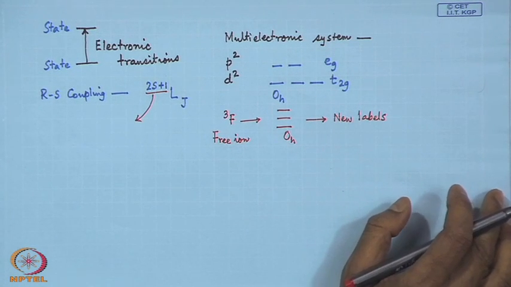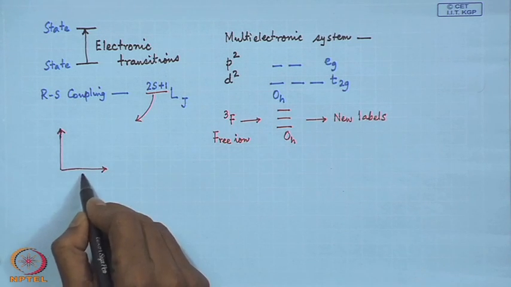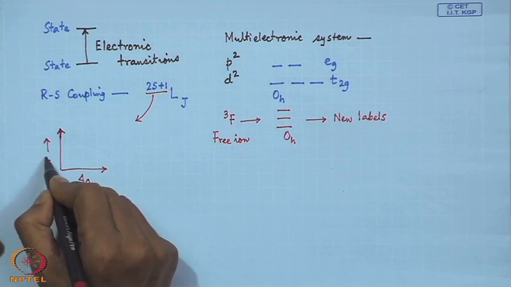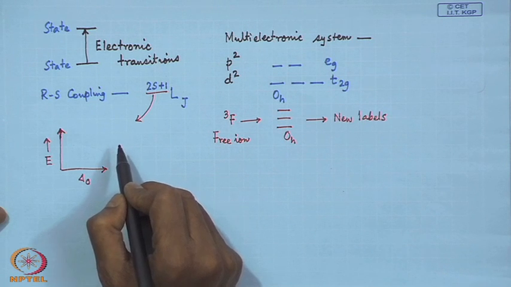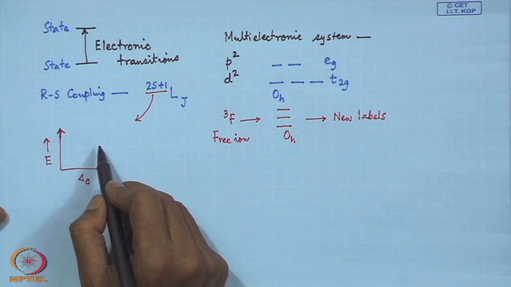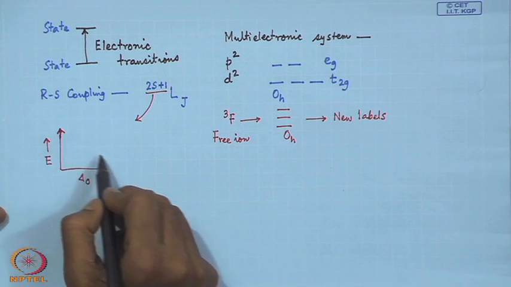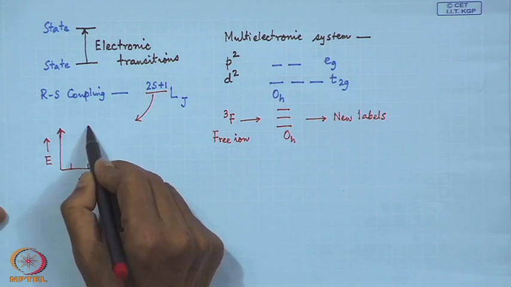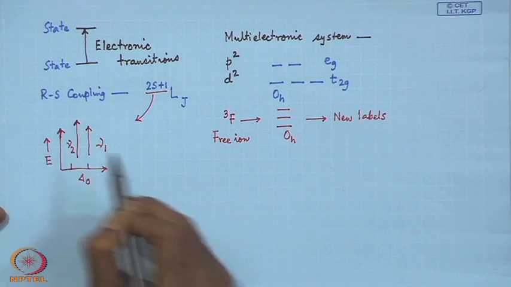So, how can we draw this depending upon two things? If we simply change the crystal field splitting strength, that means the delta octahedral value, with respect to energy, then how the energy of a corresponding state can change tells us that when the crystal field strength is more, as we have seen in case of high spin and low spin compounds, one particular level can have high energy and the other level can have low energy, and at a particular crystal field strength we can have the transition, that means we will be getting the corresponding transitions which will be defined as the nu 1 or nu 2 transitions.